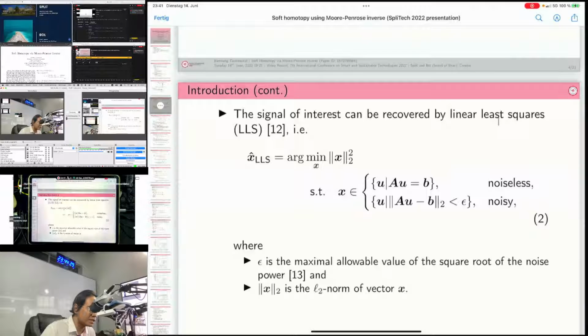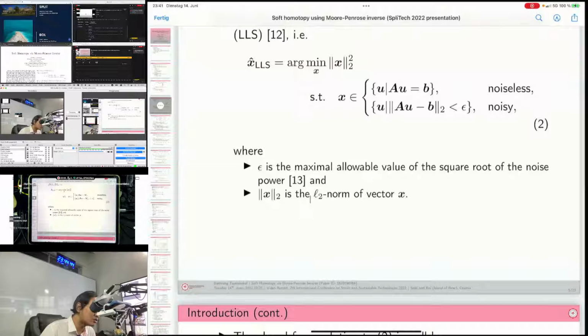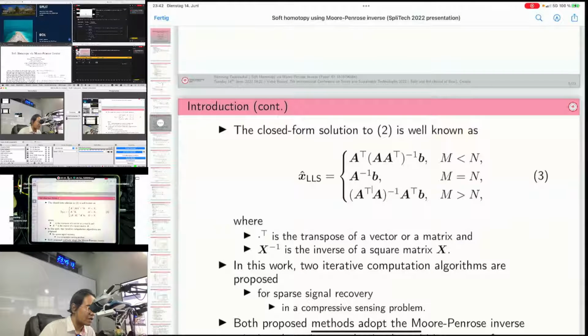It is based on the L2 norm, and the explicit solution depends on whether m is less than n, equal to n, or greater than n. In this case, we consider the compressive sensing case, or the underdetermined system, where m is less than n.